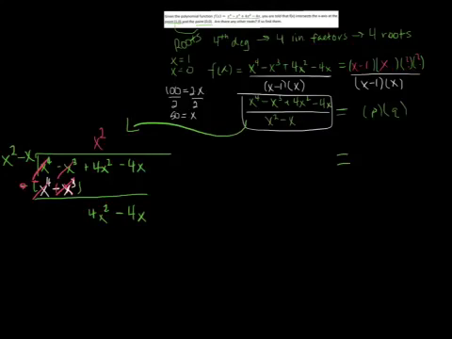Well, what will give me 4x squared? Multiplying by a positive 4. So I multiply by 4, I will get 4x squared minus 4x. Once again, notice I've gotten exactly what I had hoped.